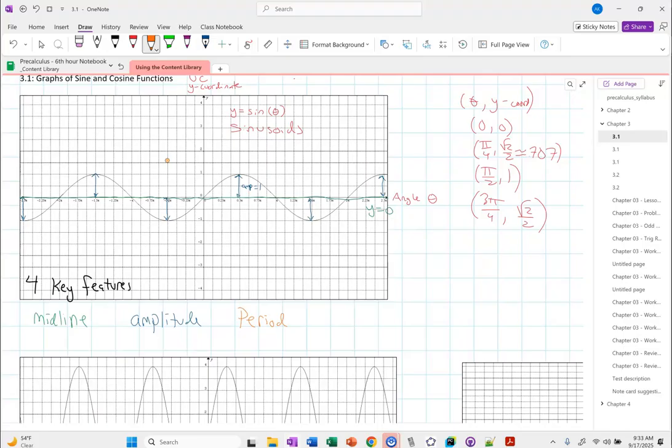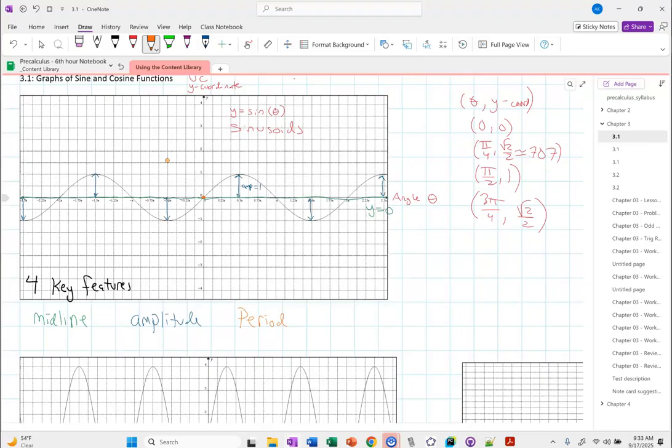The next is the period. So the period is a horizontal distance, it's the length horizontally of the longest non-repeating section of the graph. So what you do is you pick a start point. So maybe I picked my start point here at 0, 0.